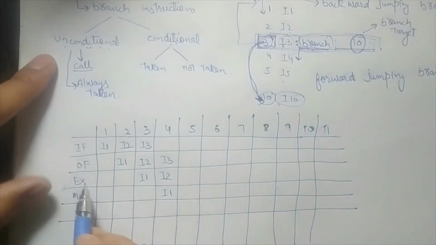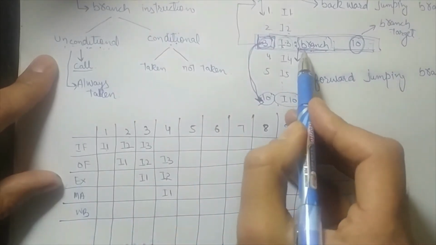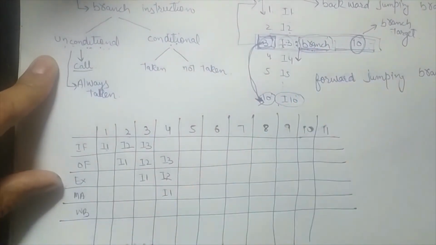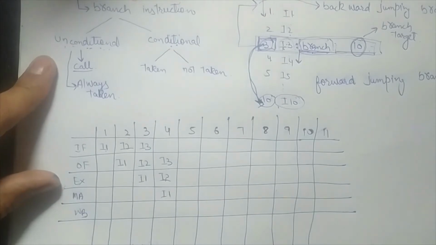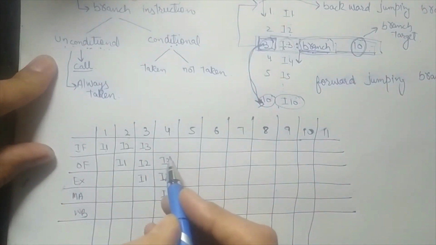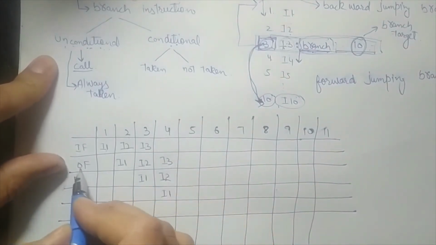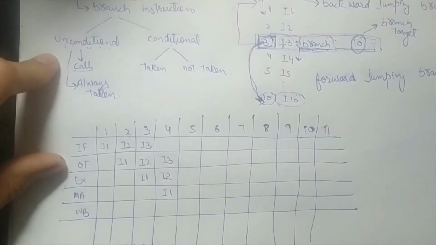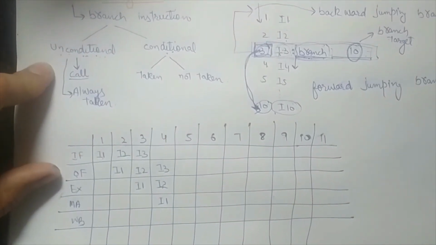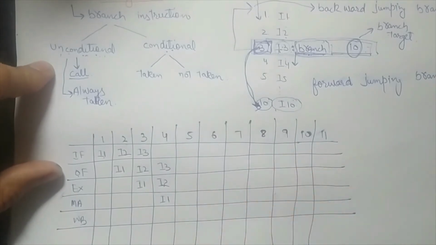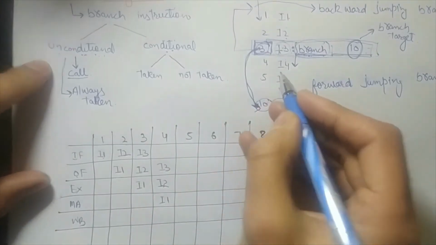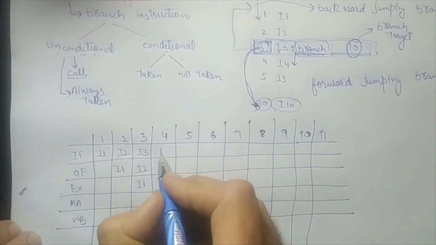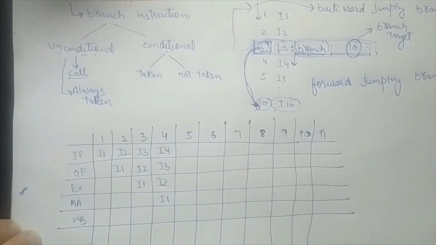So only in the execute stage will we know whether this branch is taken or not taken. However, at cycle 4, I3 is in which stage? Operand fetch. Let's say we are not handling this scenario, so we are allowing this instruction to go on. So what will be the next instruction to be fetched? Instruction I4 will be fetched.